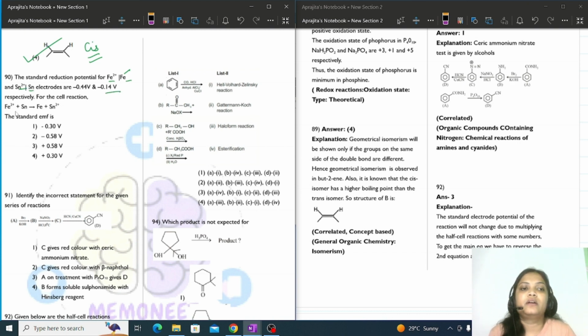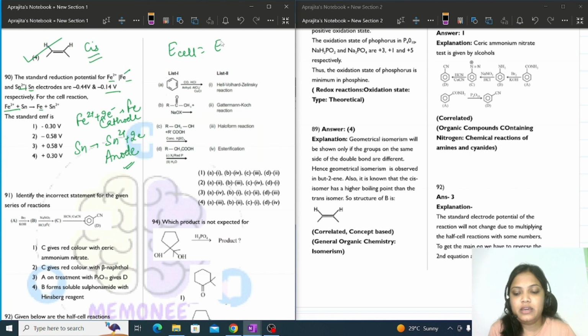So the reaction is this: Fe2+ will gain 2 electrons and convert to iron, and Sn will lose 2 electrons. This reaction takes place at the cathode, this one takes place at the anode. So we know that E cell is E cathode minus E anode.